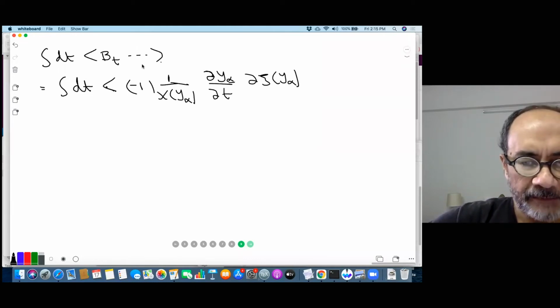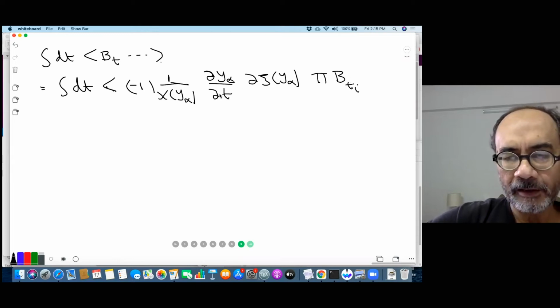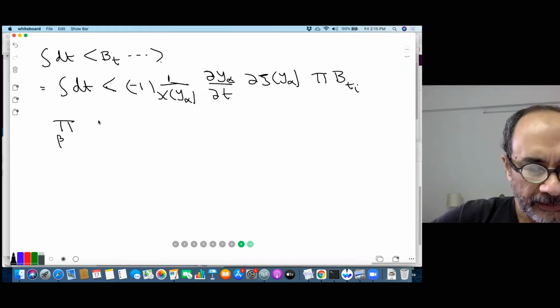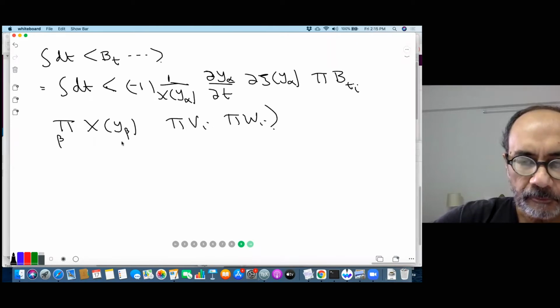Then these various other things are the other B_t's, but these do not depend on t because the y alpha dependence has gone away. Then you have product over beta of chi y beta, and then the vortex operators, product over V_i, product over W_i. Here I can just cancel this chi y alpha and write the product as beta not equal to alpha. There is no t dependence from here because y alpha has gone away.